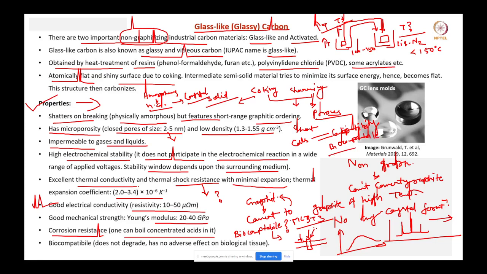Suppose you put in these materials and they start reacting with your body fluids and corroding, and as a result start giving off toxic material. Then you can't say that this is biocompatible, because it is giving an adverse effect. It should not give any toxic things. Then only can you say your material is biocompatible.